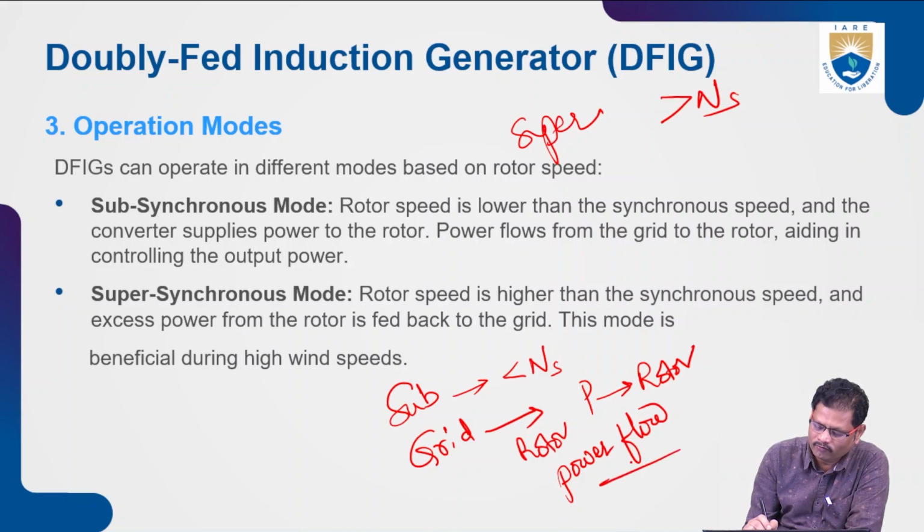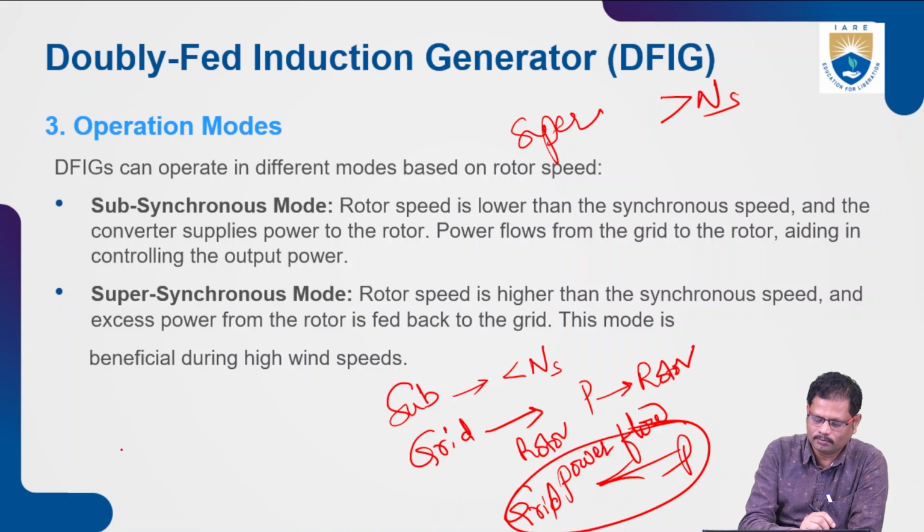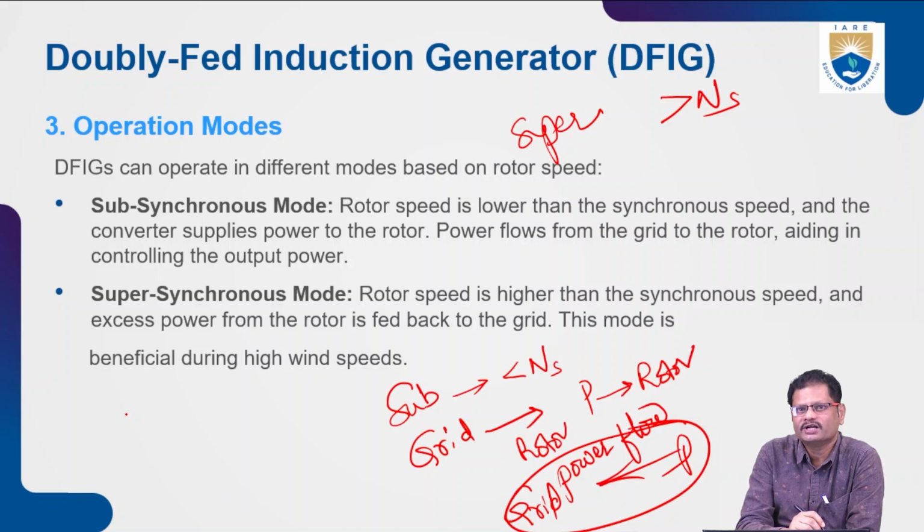So it is in the case of supersynchronous speed. Getting power back to the grid is beneficial when the wind speed is high.